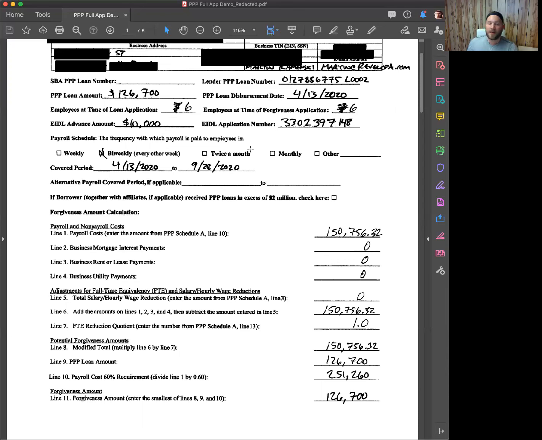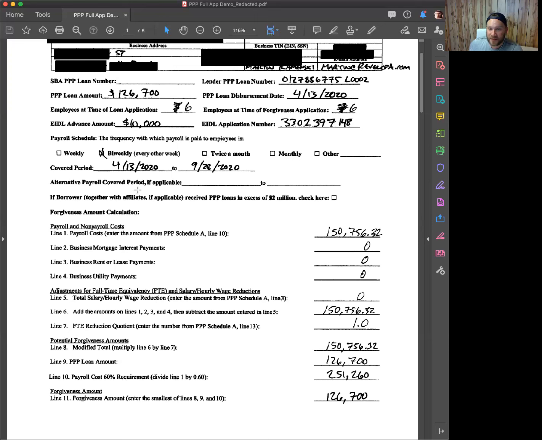All right, next up, payroll schedule. So how often are you paying your folks? Weekly, bi-weekly, twice monthly, or once a month, or some other schedule, right? The reason they need to know this is, depending on what your payroll cycle is, you may be eligible for using an alternative payroll covered period, okay?